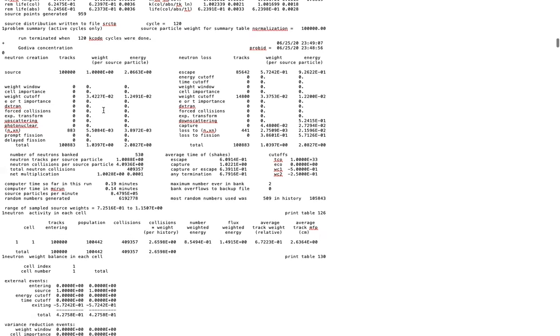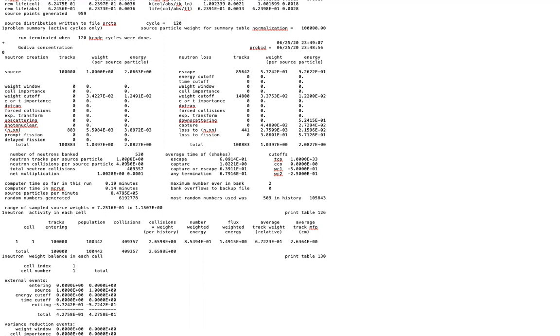Now 1.0397 are destroyed by so many by cutoff, so many by loss to NXN, but mainly by, you can see over here, by escape. So about 57% of the weight has escaped. And that much energy, roughly that much energy per source particle has left the Godiva sphere.